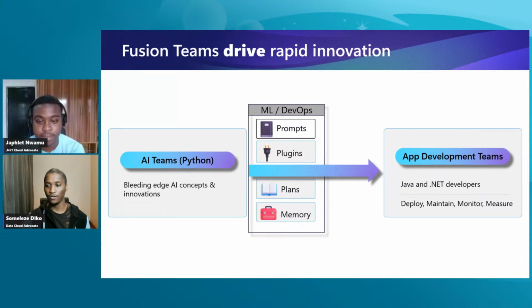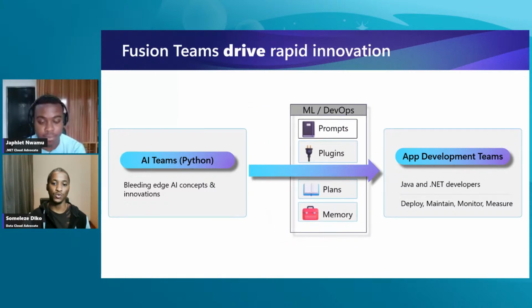And over on the next slide, you can see how this works hand in hand with all of these teams. You are able to bring together the AI teams and the app development teams in terms of how they can use all of these different services and tools that are available to them, using machine learning models and DevOps, and just trying to create a fusion dev team.